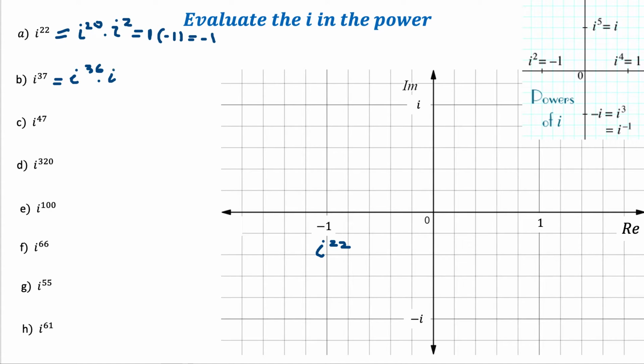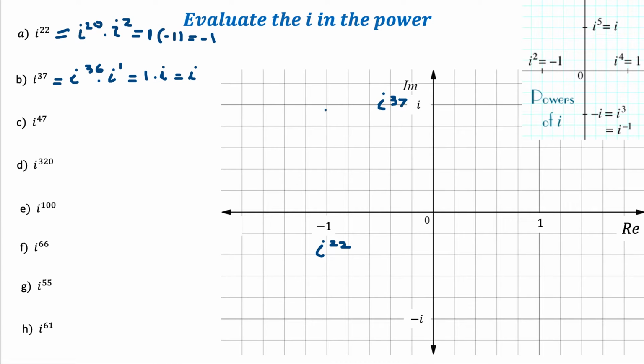As we see here, this is equal to 1, and 1 times i is equal to i. So this is equal to i. From this outcome, i to the 37 is going to be located in this position, where the i is. So here we can write i to the 37.